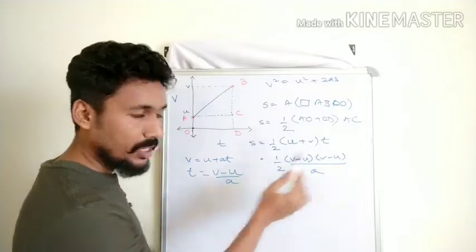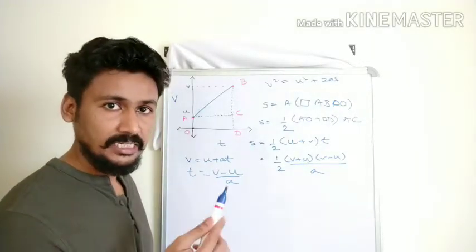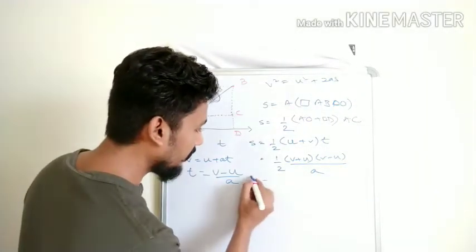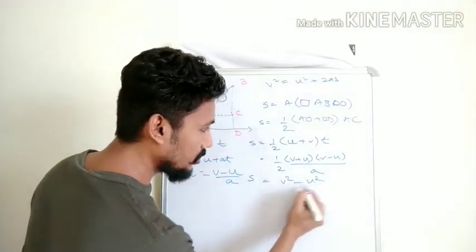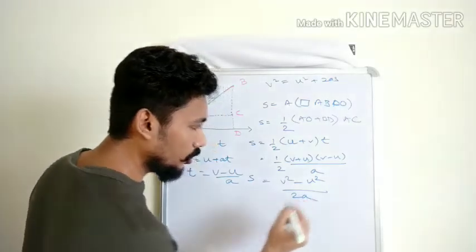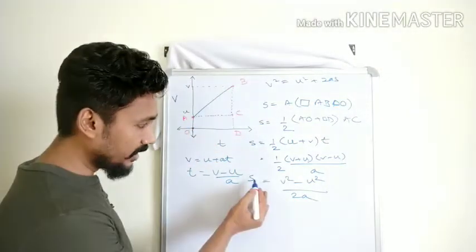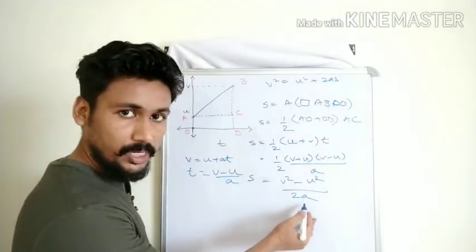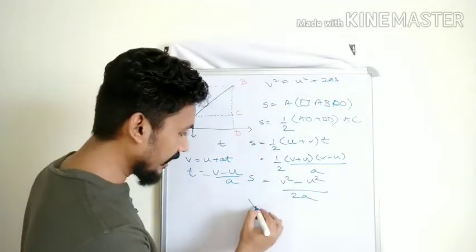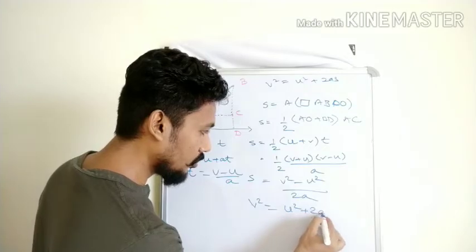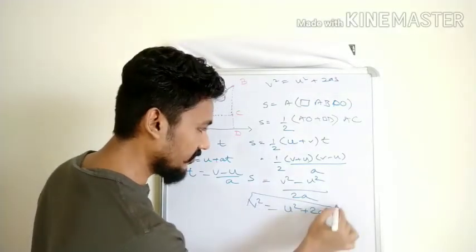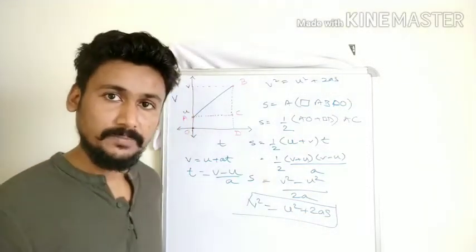A plus B into A minus B is nothing but A square minus B square. So we will get S is equal to V square minus U square upon 2 into A. So we got S is equal to V square minus U square by 2A. Rearranging, you will write V square is equal to U square plus 2AS. This is our required relation.